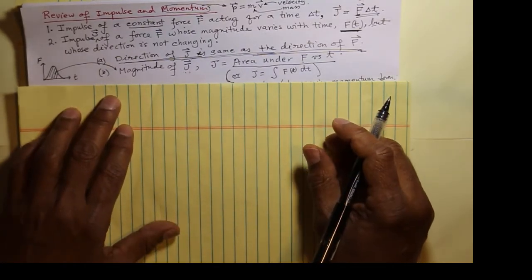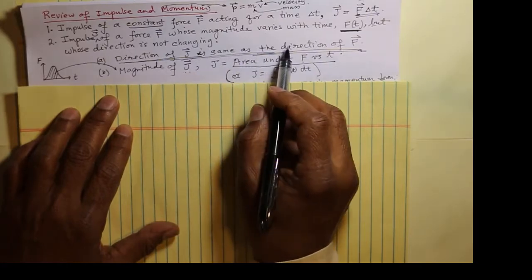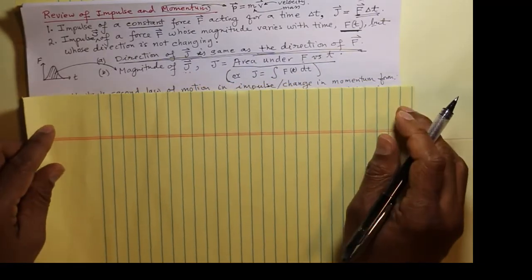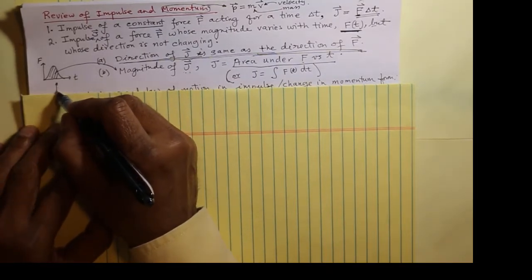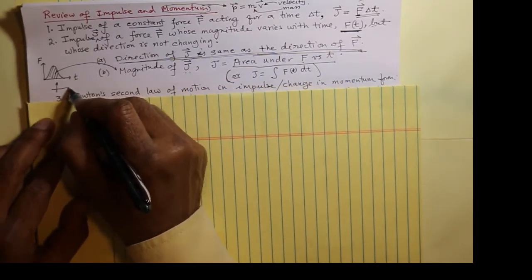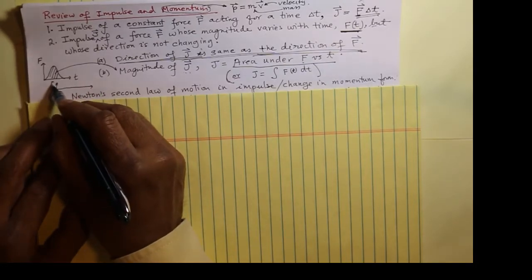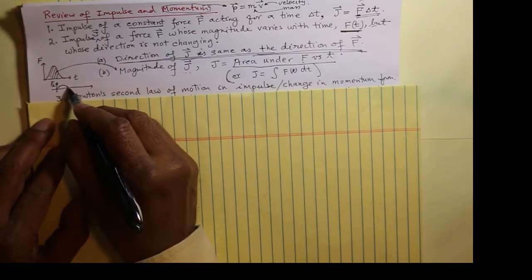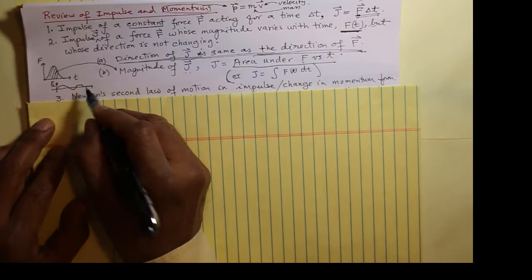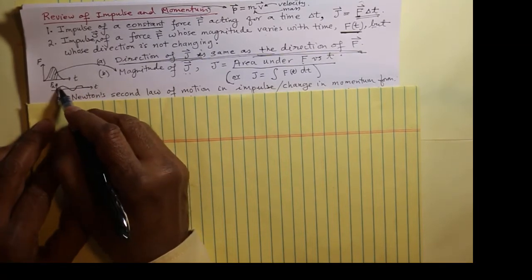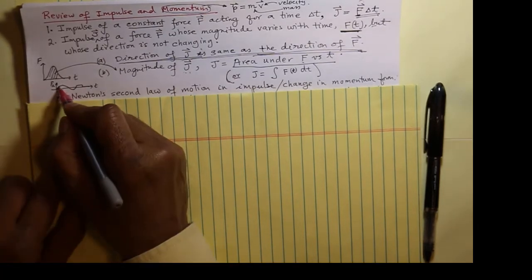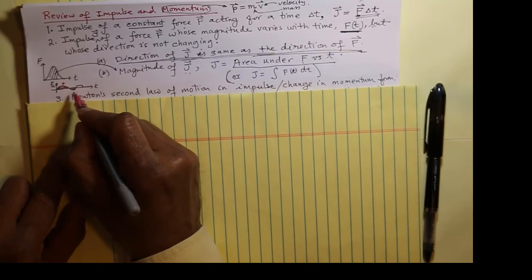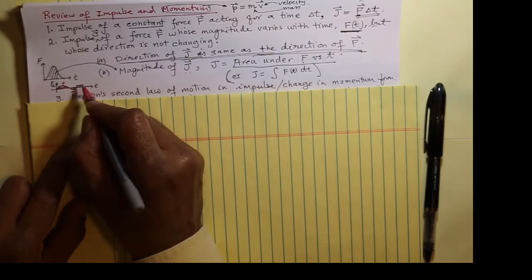Now if the direction is also changing and we are working with a single component, say the x component, the same definition will apply. It is varying all over the place like that, so sometimes positive, sometimes negative. So this part will give a positive impulse, this part will give a negative impulse, and this part will give a positive impulse.